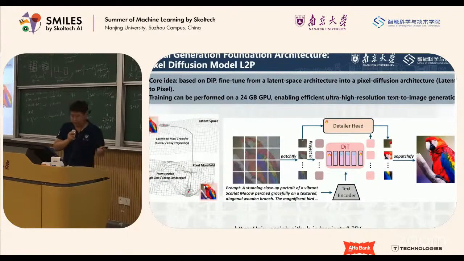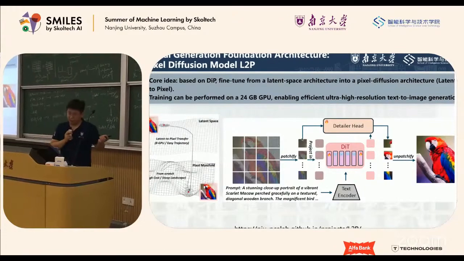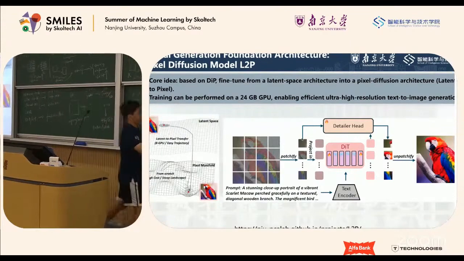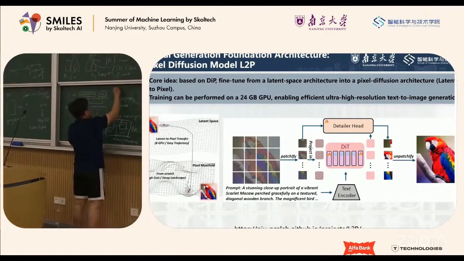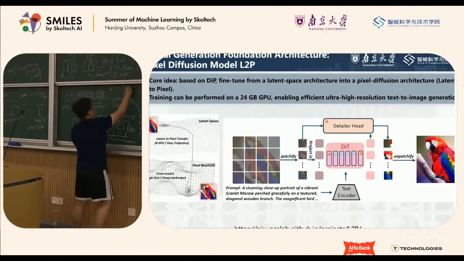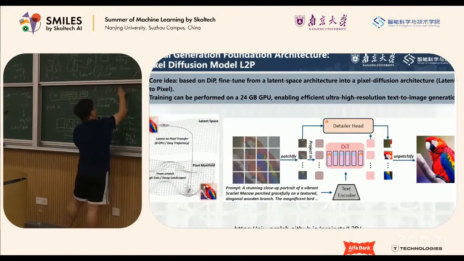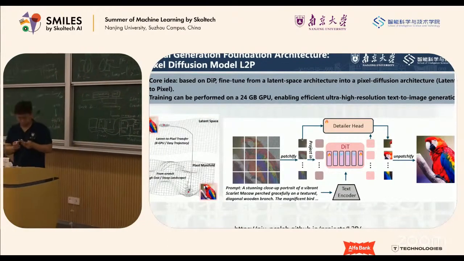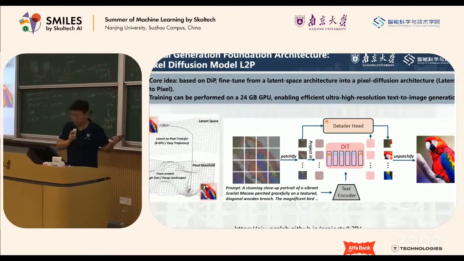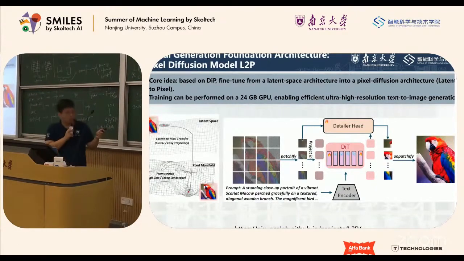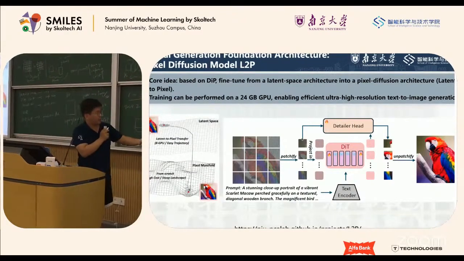So the central idea of L2P is to fine-tune an existing latent space model, for example, Qwen-Image or Flux, into a pixel diffusion model, moving from the latent space to the pixel space.